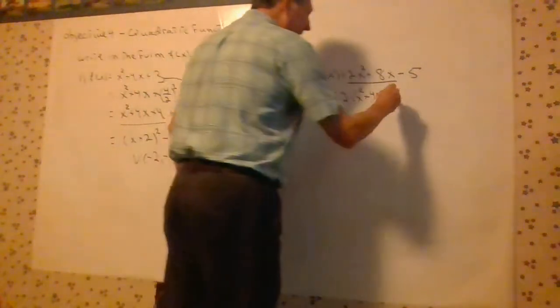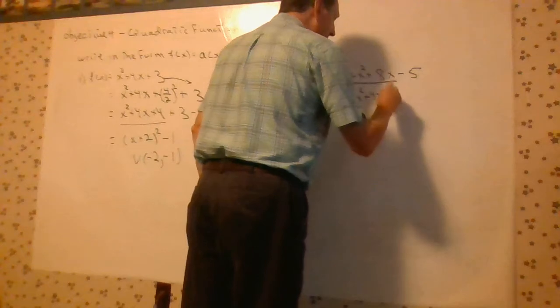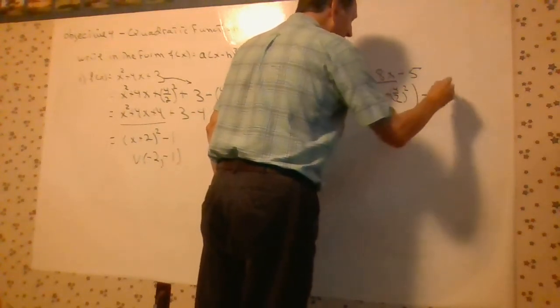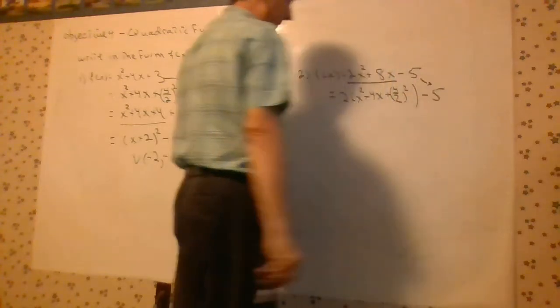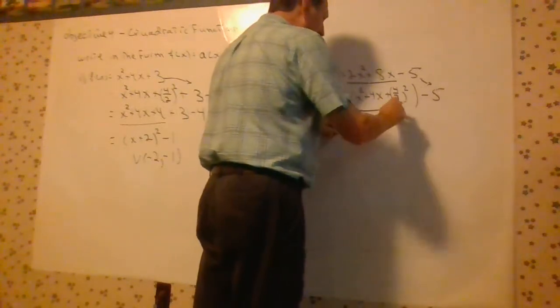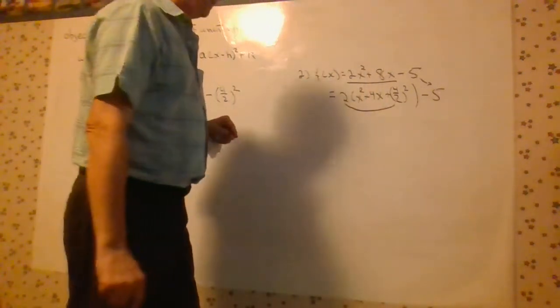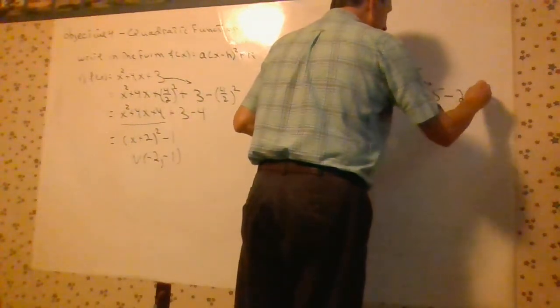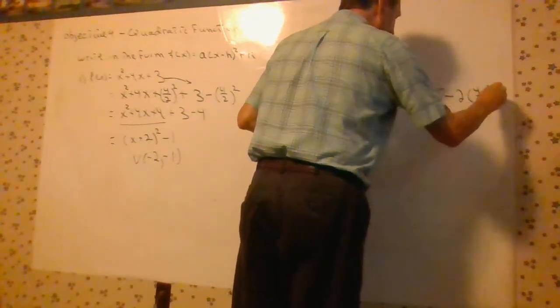Well, we're going to add 4 over 2 squared, end parentheses. Bring down the minus 5. And now we need to subtract out what we added in, but you have to be careful. We added in this product, so we're going to subtract out 2 times 4 over 2 squared.